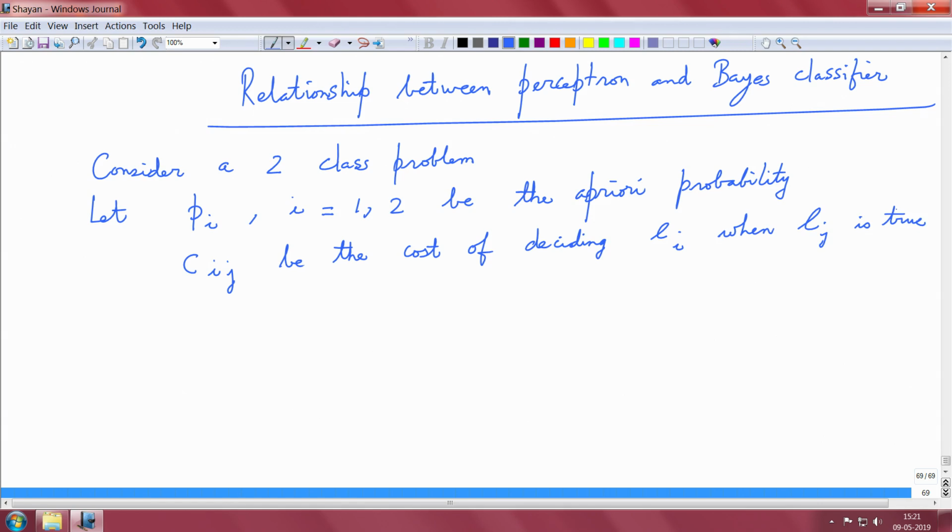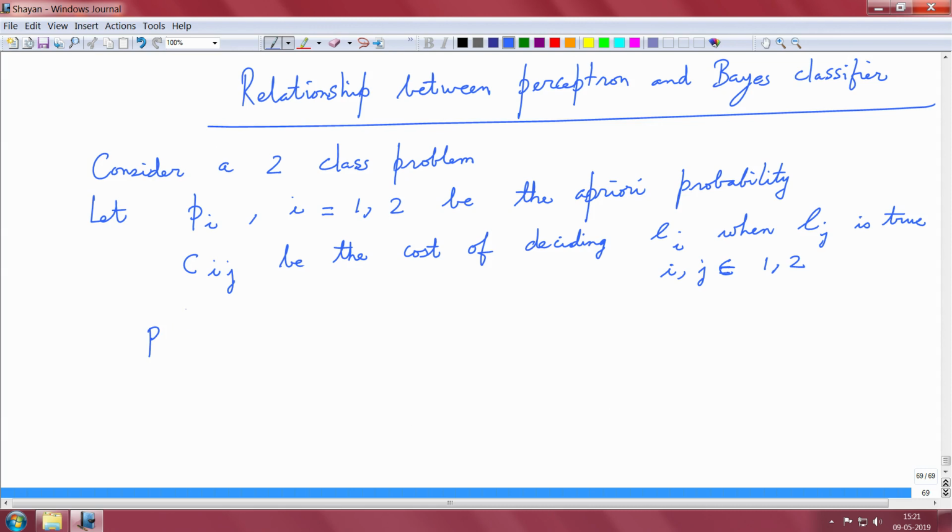That means the data point is belonging to j, but you are treating it as i, and there is a cost associated with that, and this holds for these pairs ij belonging to 1 and 2. That means i can take 1 and 2 and j can take 1 and 2.